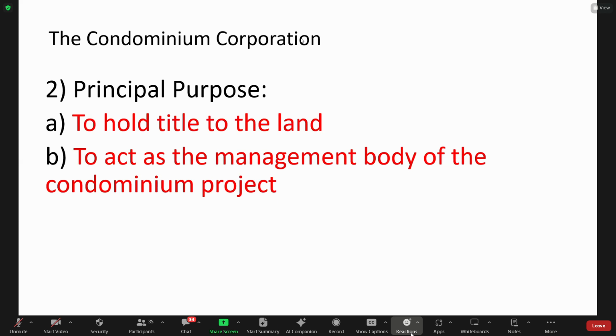Miss Steph says yes. Miss Roxanne says yes. Sir Anthony, yes. Alright, let's answer. The answer is yes. It's possible for the condominium corporation to hire a property management office or a different management body to manage the condominium project. That's allowed.